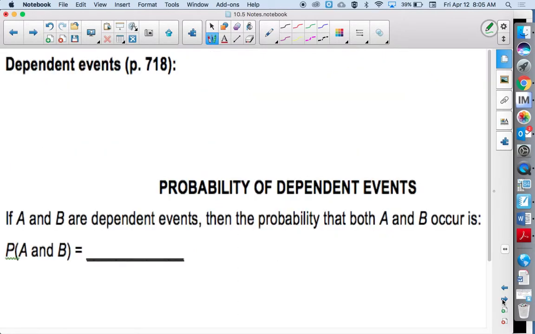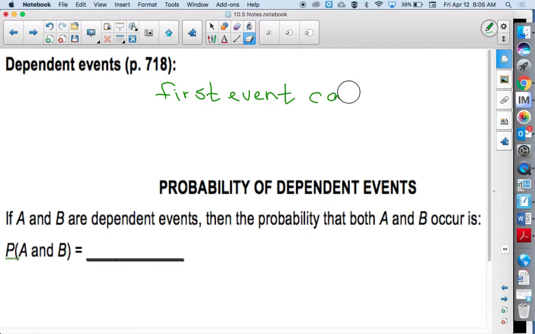The other type of probability we're going to look at today would be the dependent events, where the first event changes the occurrence of the next event, or changes the outcome.